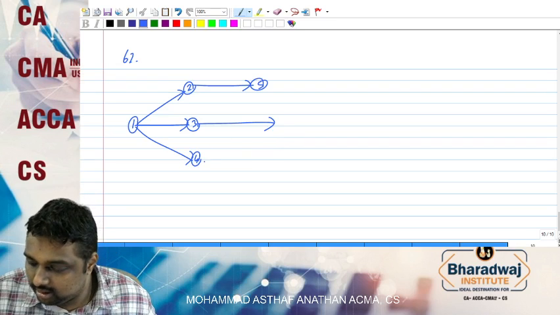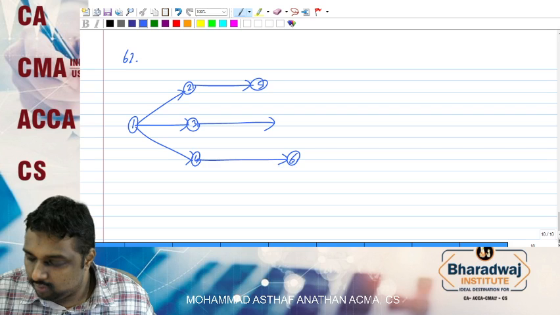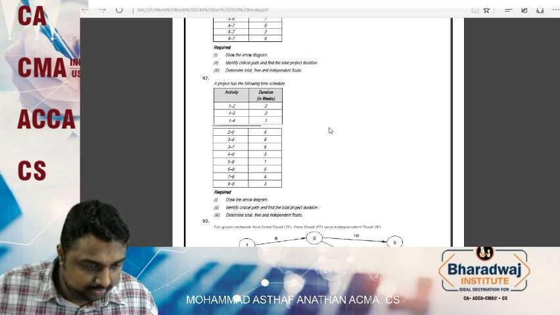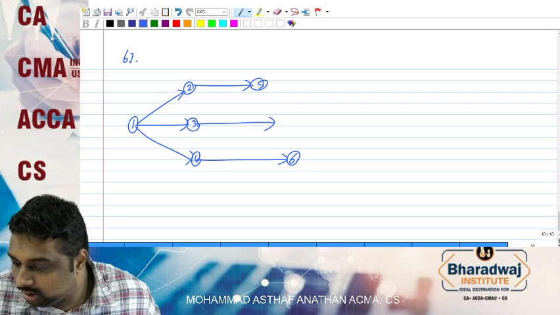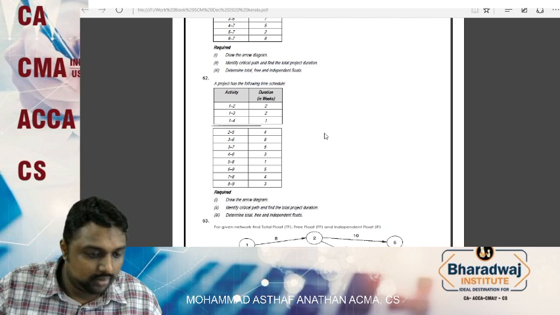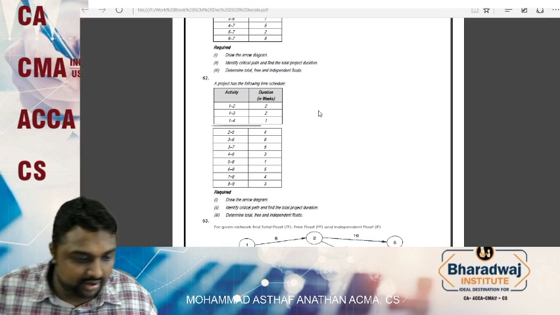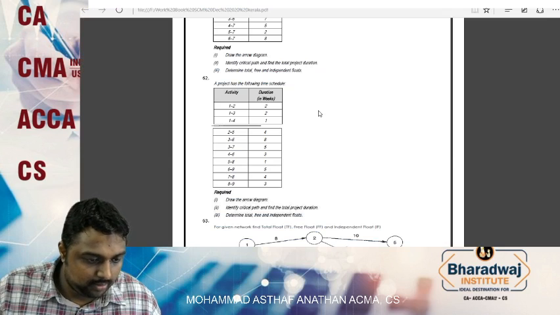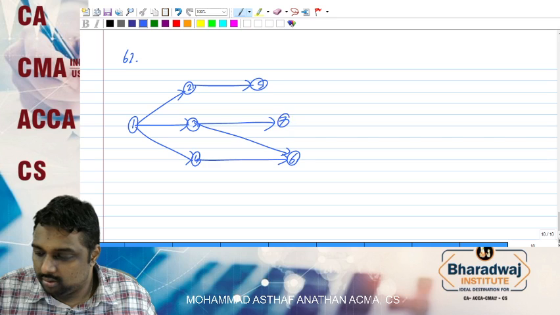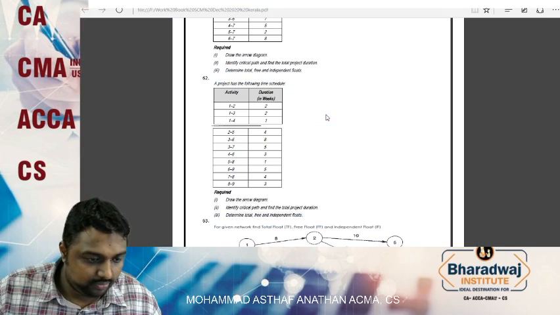We will make 4 to 6 here. So if you make 4 to 6, 3 to 6 will come here. Then 3 to 7. Do we have 5 to 7? This is 3 to 7.